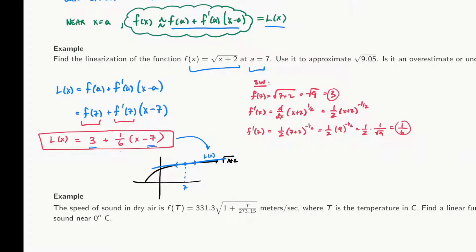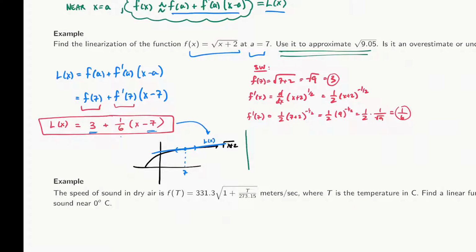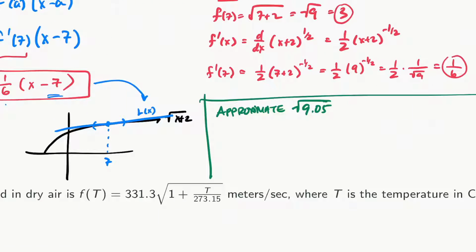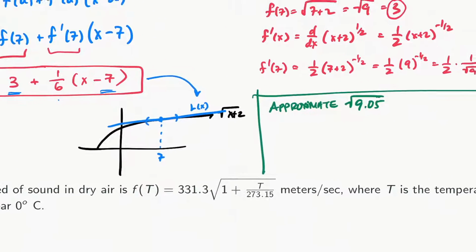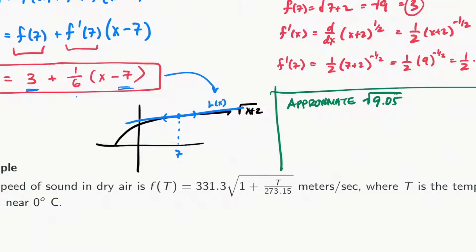So that's the linearization. Use it to approximate the square root of 9.05 is what we're being asked to do now. So for the square root of 9.05, we're not going to use the original function. We're going to use our linearization to predict the square root of 9.05.